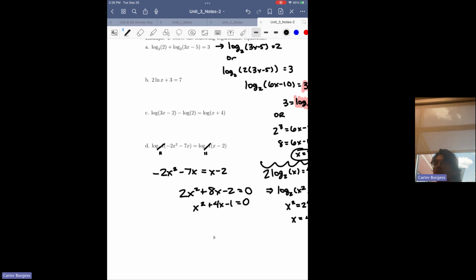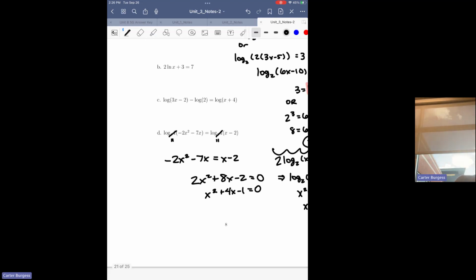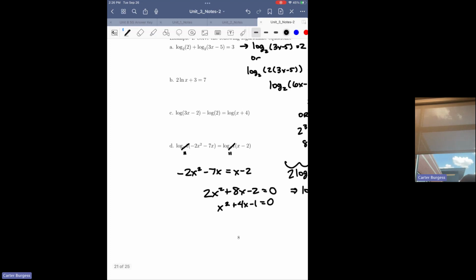And if the answer to that is no, then we need to go home and write it 50 times. All right, I'm tired of us not knowing this. This is something that you needed to know 3 years ago. We don't have an excuse for not knowing it now. All right, this is negative b plus or minus the square root of b squared minus 4ac, all divided by 2a.